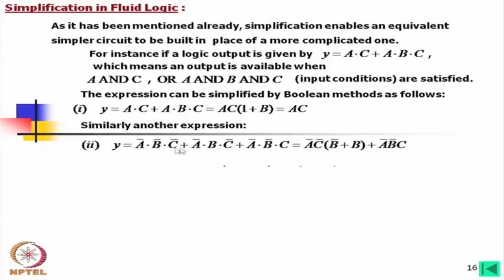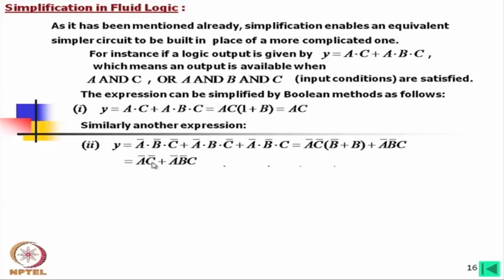You take A bar C bar common here, then in that case you will find that B bar plus B is coming over there, plus here A bar B bar C. Now, suppose this is 1, then this is 0, and if this is 0, then this is 1, that means this part is always 1.